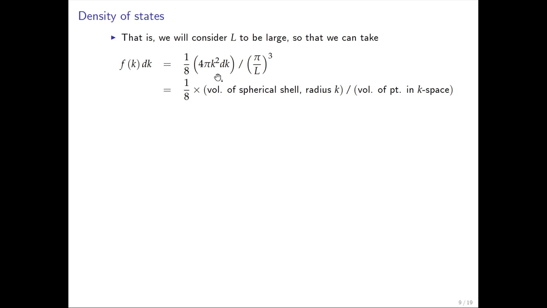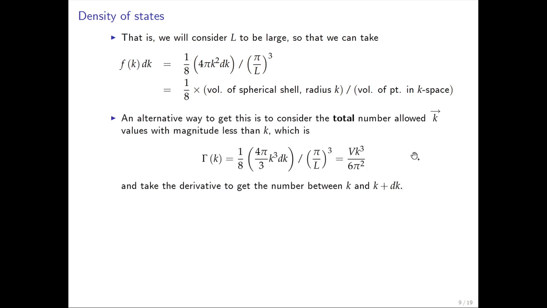So that's the volume of our spherical shell. And of course, as we had before, this is the volume of a point in k-space. So if each point occupies pi over L cubed, then if this is the volume of our spherical shell, and that's the volume of each point, then this is going to be the number of points in this shell. So that's how it works. It's actually quite simple.